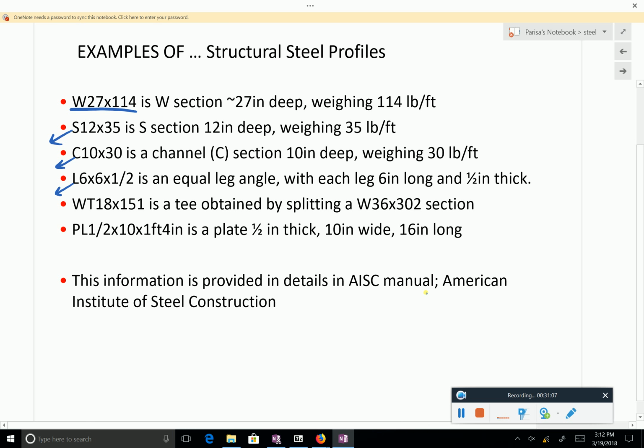If you take a steel structure class, you will be working with the AISC manual, which is the American Institute of Steel Construction, where you see long tables with these profiles and their properties, and when you design, you go and pick up the right profile. These are hot rolled sections, as I said.